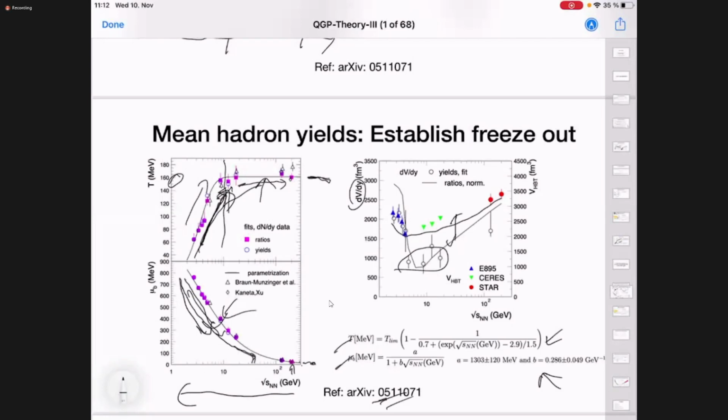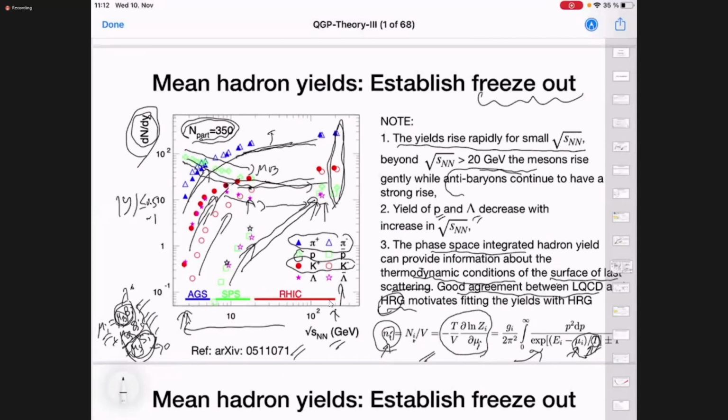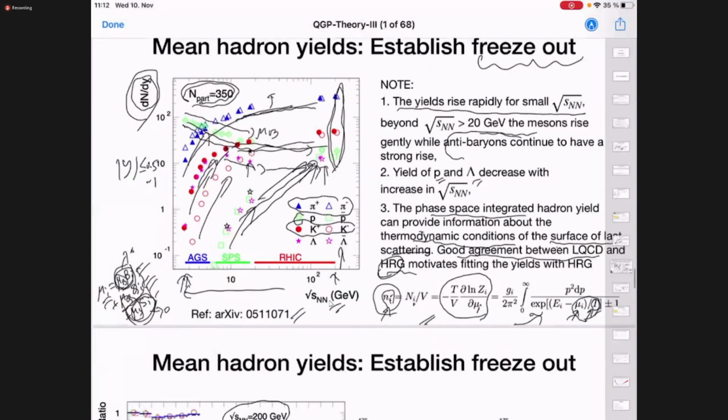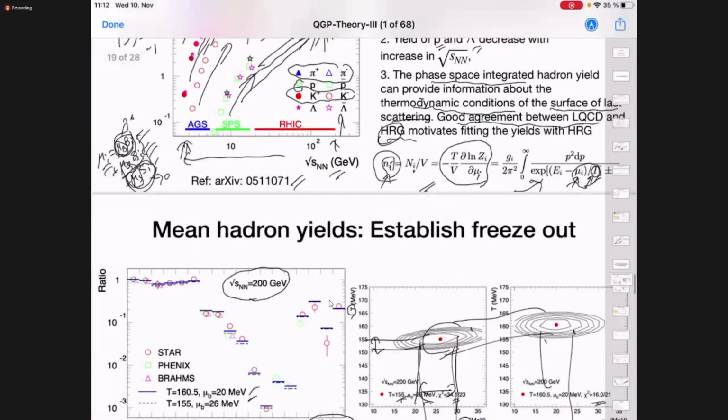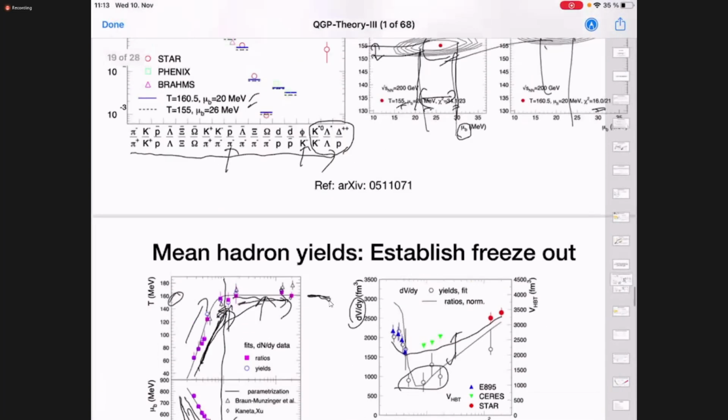You see, even beyond 10 GeV, the temperature is almost flat, and so the mesons are almost flat. However, the antibaryons still seem to rise, and that's because mu_B still falls considerably. So the fall in mu_B drives the still relatively rapid rise in the antibaryons.